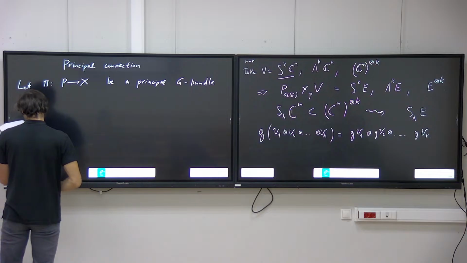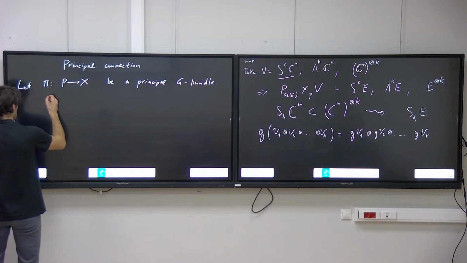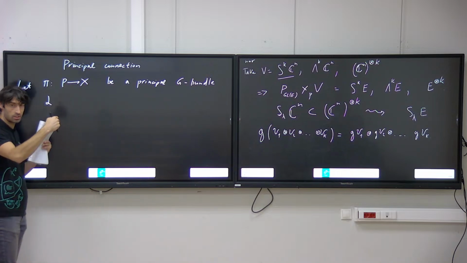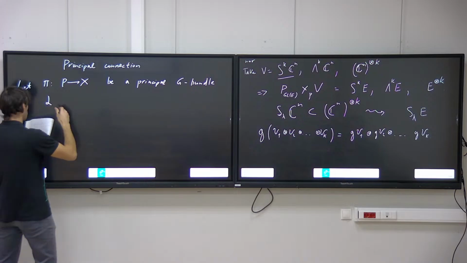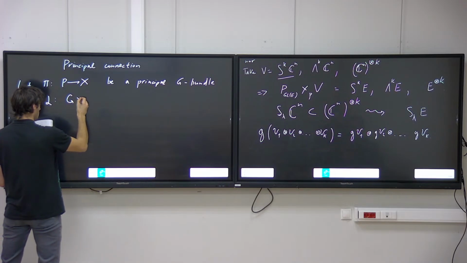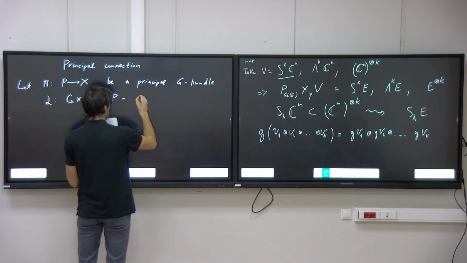and I need a little bit more notation for a structure that we already have. So I have an action of G on P from the right. This is the same as a map from G times P to P. So this is the corresponding right action.